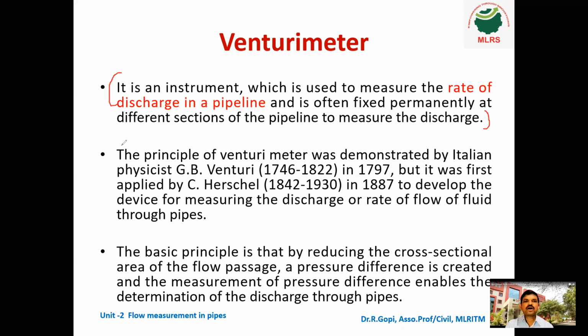The principle of the Venturimeter was demonstrated by the Italian physicist G.B. Venturi in 1797. At that time it was only in books, theory only. In the theoretical part only they studied it, but it was first applied by C. Herschel in 1887.